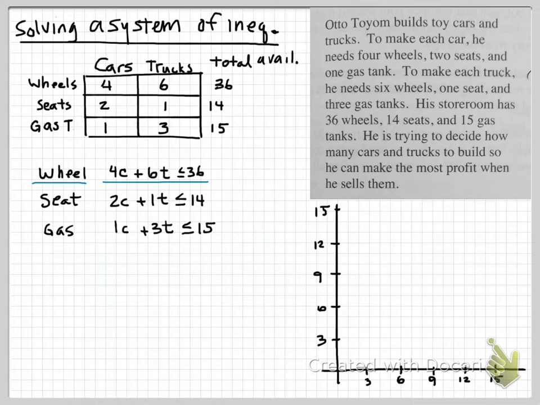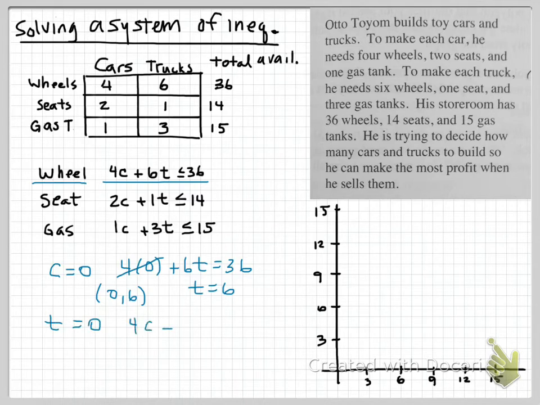But in this case, we're going to let C equal 0 to solve for the T-intercept, and in this case T equals 6, and then we're going to let T equal 0 to solve for the C-intercept, all right?